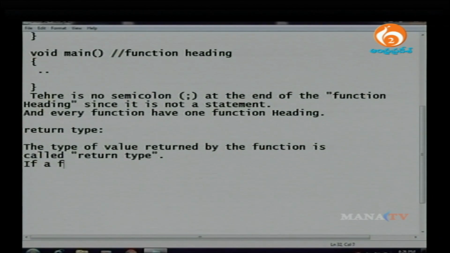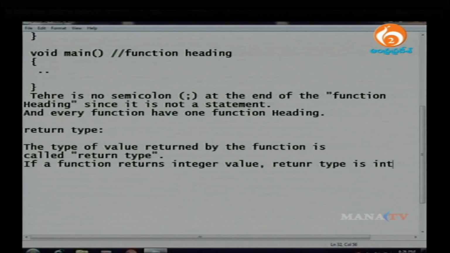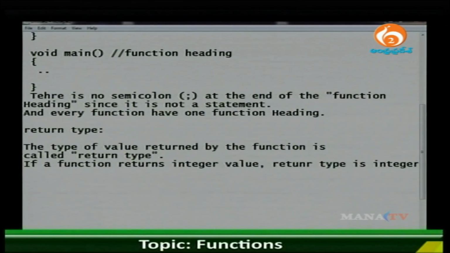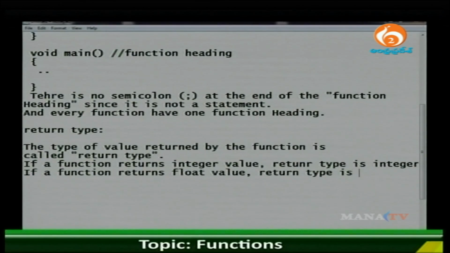If a function returns an integer value, the return type is integer. If a function returns a float value, then the return type is float.